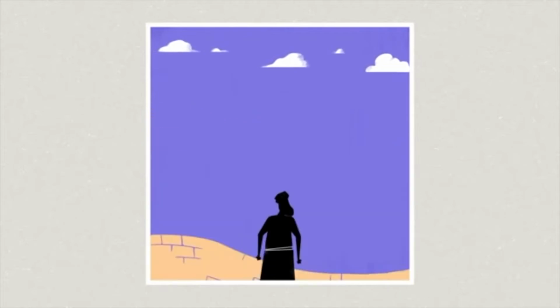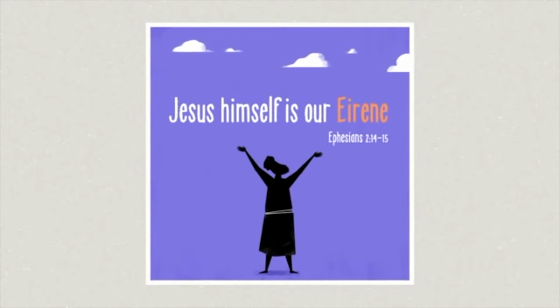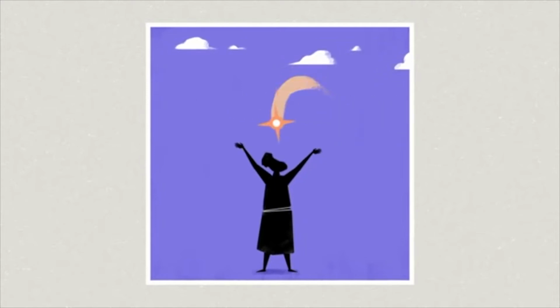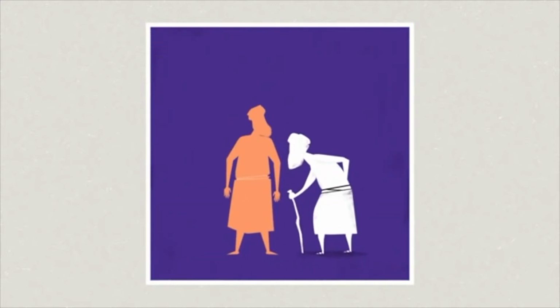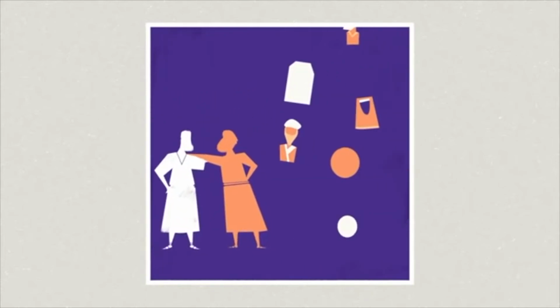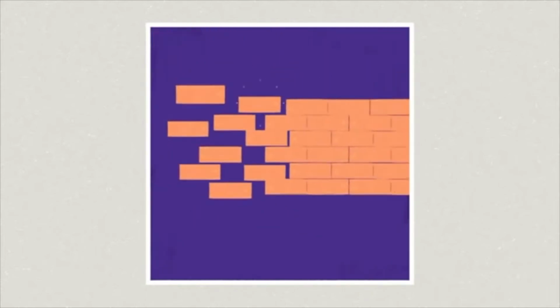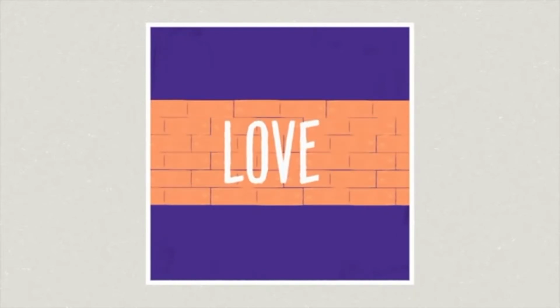This is why the Apostle Paul can say Jesus himself is our eirene. He was the whole complete human that I am made to be but have failed to be. And now he gives me his life as a gift. And this means that Jesus' followers are now called to create peace. Paul instructed local churches to keep their unity through the bond of peace, which requires humility and patience and bearing with others in love.